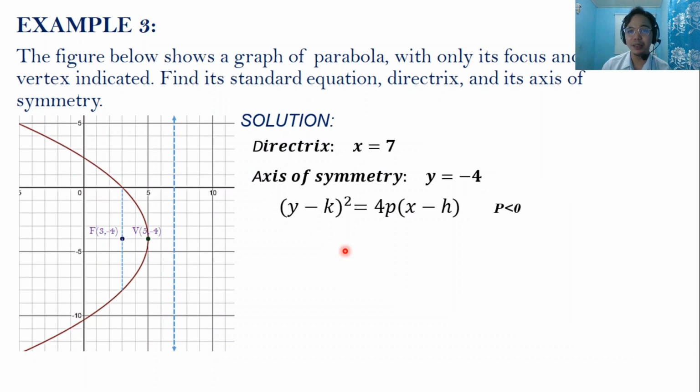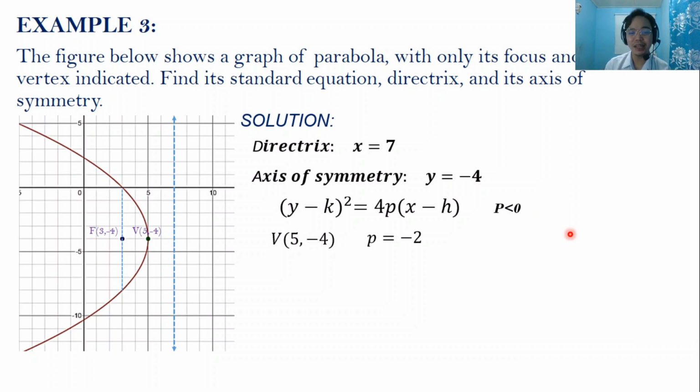Makikita naman natin na less than 0 siya kasi from our vertex, we move to the left. So it's negative. So what is the value of our vertex? That is 5, negative 4, as indicated sa ating figure. And our distance from vertex to focus, or p, is equal to negative 2.